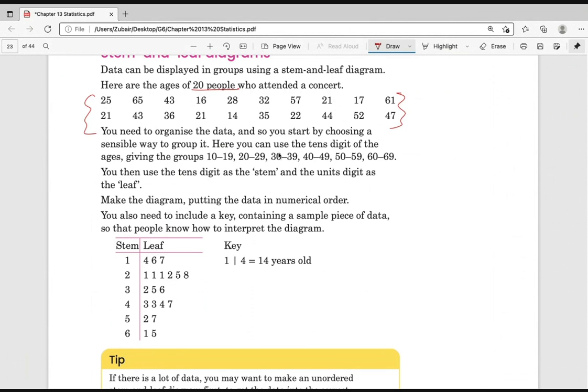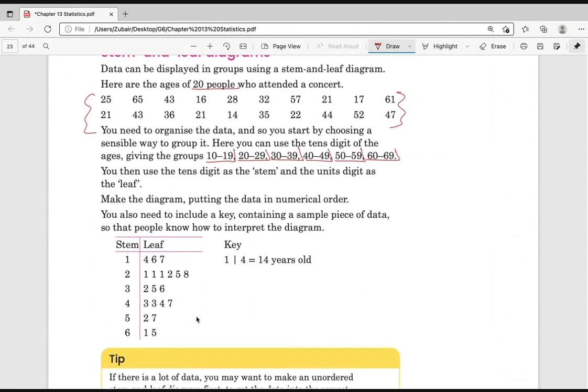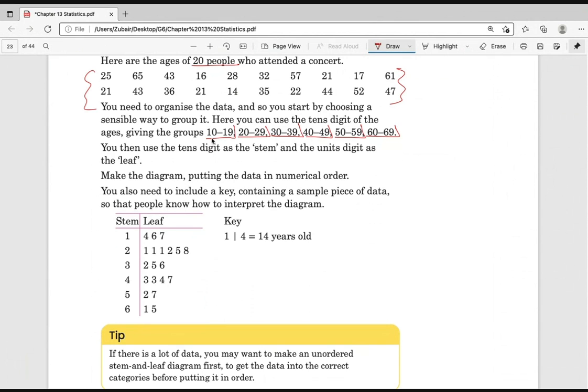Here you can use the tens digit of the ages, giving the groups 10 to 19, 20 to 29, 30 to 39, 40 to 49, 50 to 59, and 60 to 69. So if you would notice, he's using the first digits 1, 2, 3, 4, 5, 6 right here and giving the key. So 1|4 would mean that it is 14.